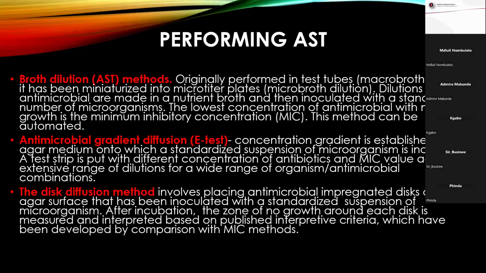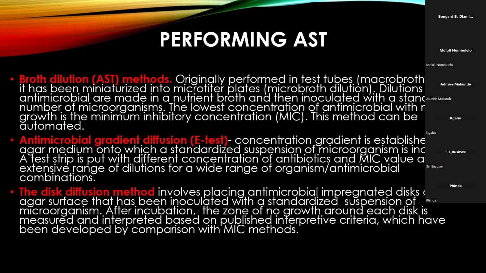So that serial dilution will guide you whether at a certain concentration the antimicrobial is effective or not. When you're interpreting broth methods, the last concentration where there's no growth, that's the concentration which you use. On how you interpret it, I will cover more on interpretation of MIC and also disk diffusion. Then the second method which can be used is the antimicrobial gradient diffusion method, usually referred to as E-test.